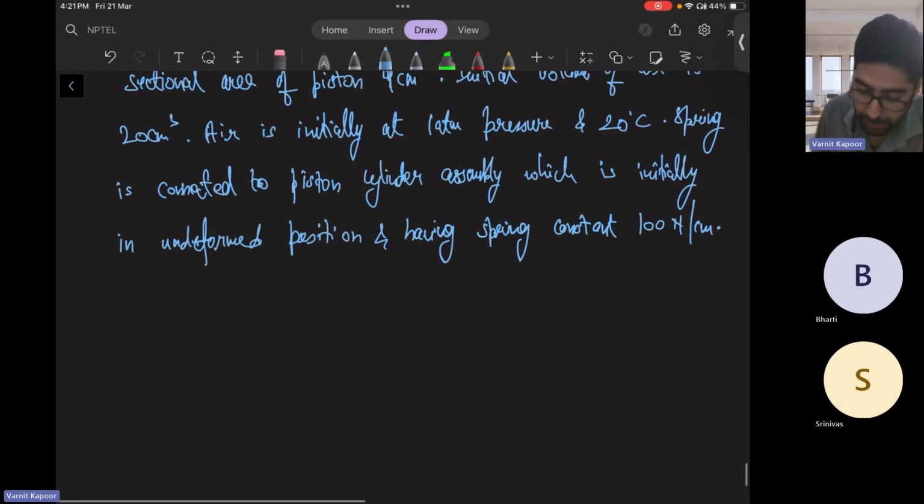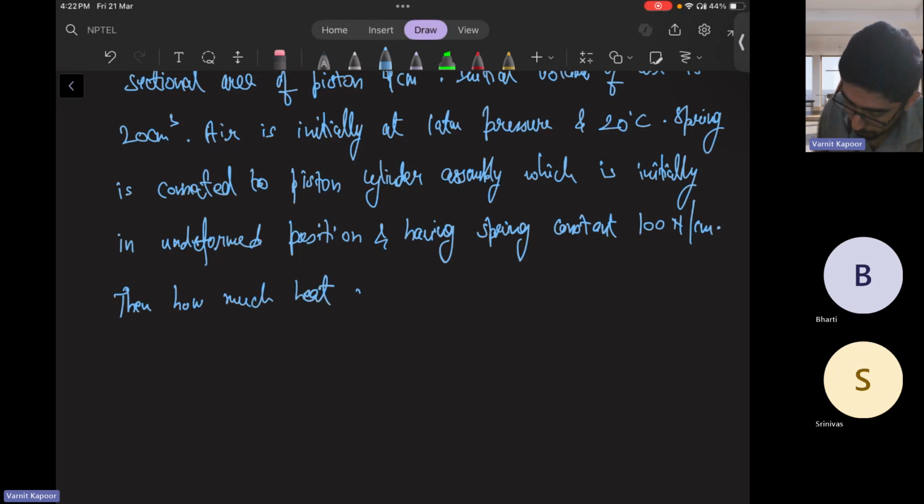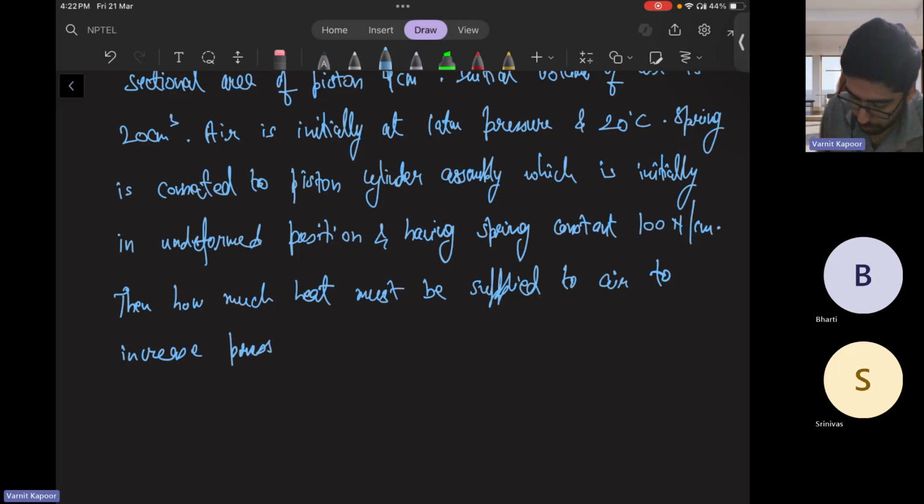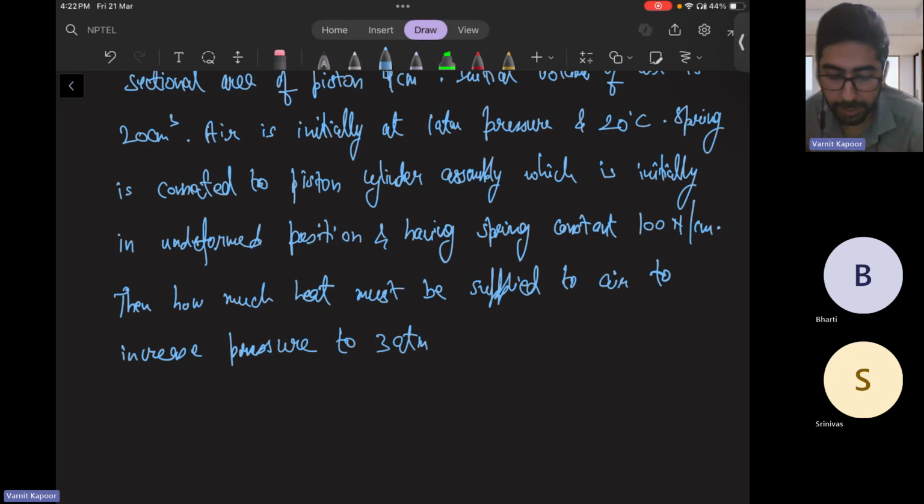Then how much heat must be supplied to air to increase pressure to 3 atmosphere, and the apparatus is surrounded by atmospheric air.